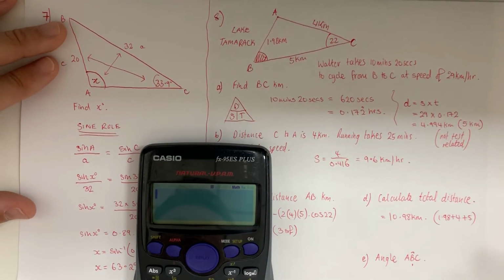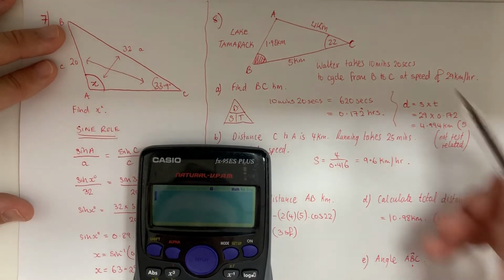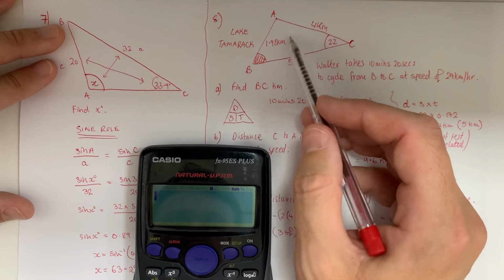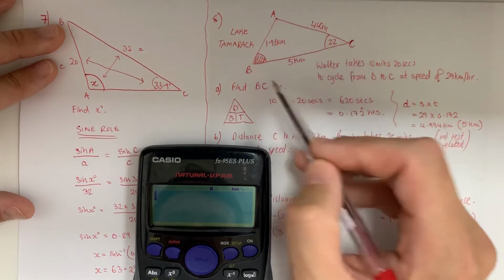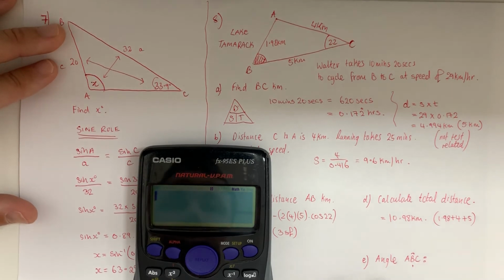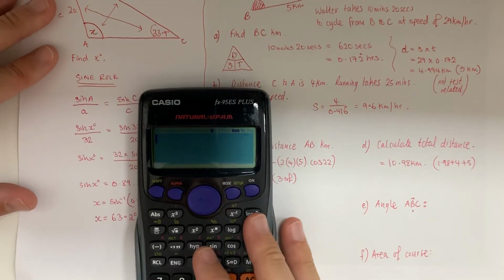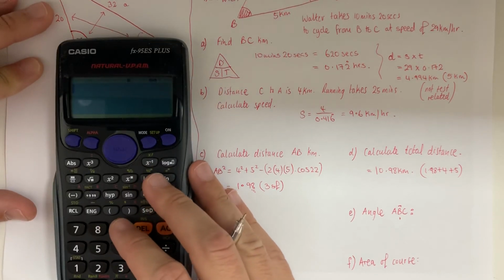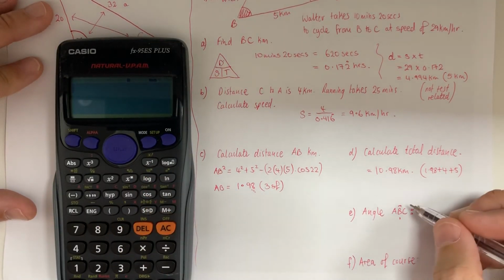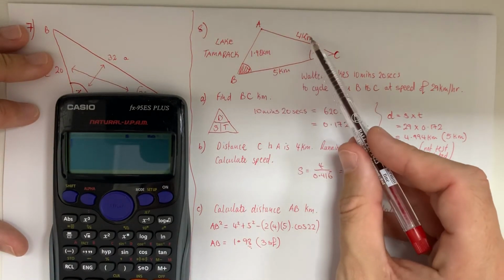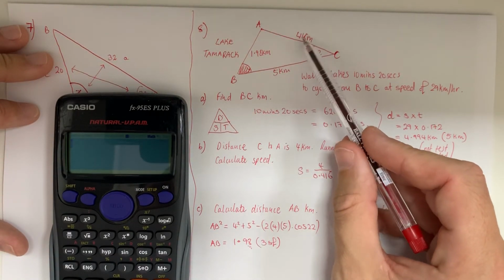So there's 2 methods you could use to find this. You could use the sine rule, because you've got opposites, or you could use the cosine of the angle rule. Now, because I've not done the cosine of the angle rule yet, I'm going to do it here, so you can see. So I know all 3 sides, and I want the angle at B. So looking at the triangle, the one that I subtract is going to be this one.